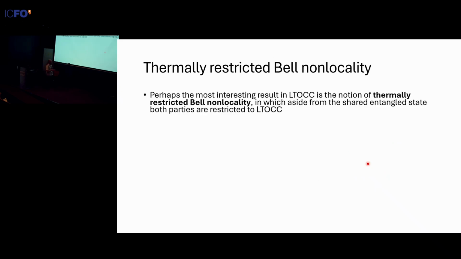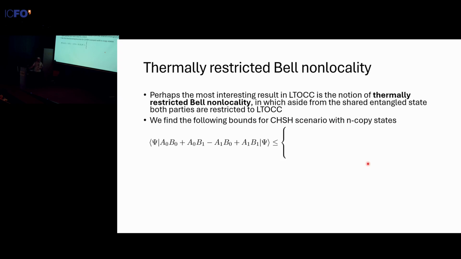Perhaps the more interesting, and this is where we slightly depart from a population-only picture, is the story of thermally restricted Bell non-locality, where for Alice and Bob, we allow them to share a Bell pair or multiple copies of it. And now you will see the standard CHSH scenario where the observable is quite recognizable, and the two bounds, namely the classical one and the fully quantum one, are something that we should be familiar with.